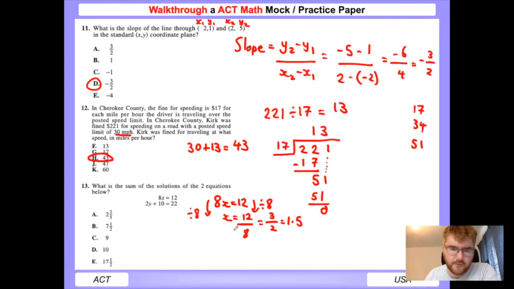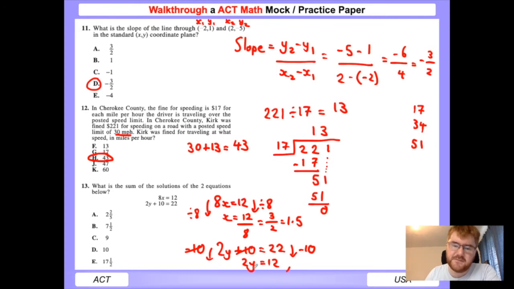Let's now work out y. So we've got 2y plus 10 is equal to 22. And we just do this in the normal way. So we want to get rid of the 10. What's the opposite of plus 10? Minus 10. Do feel free to pause the video if I'm going a little bit on the fast side. It's absolutely fine. So we get 2y on its own. 22 minus 10 is equal to 12.